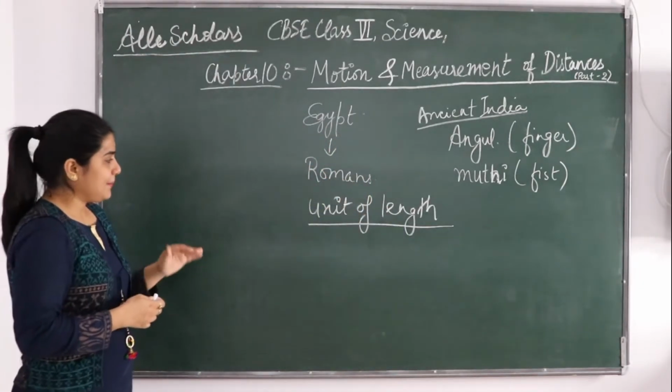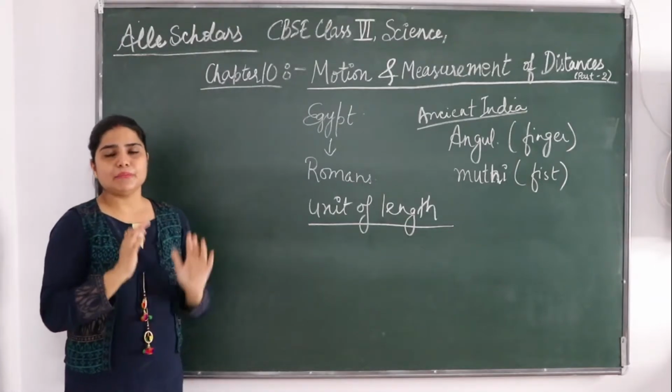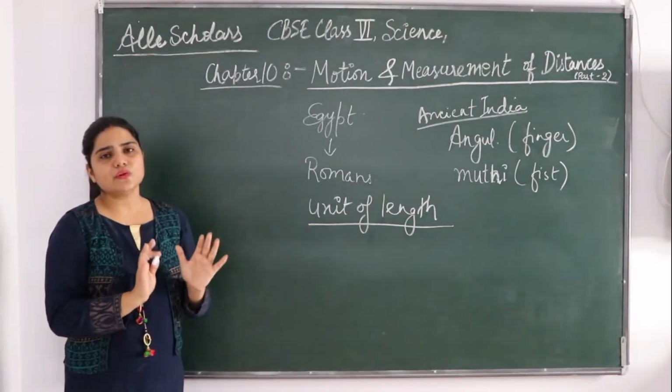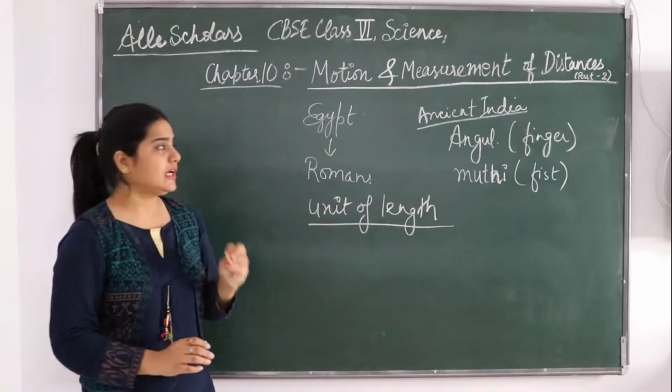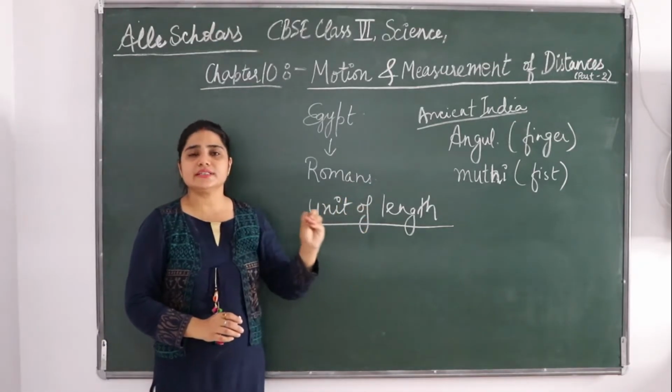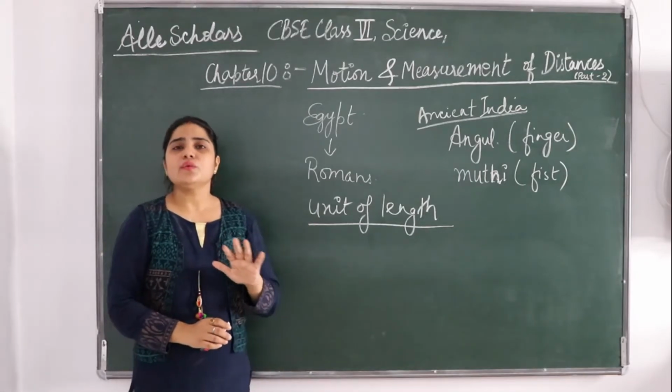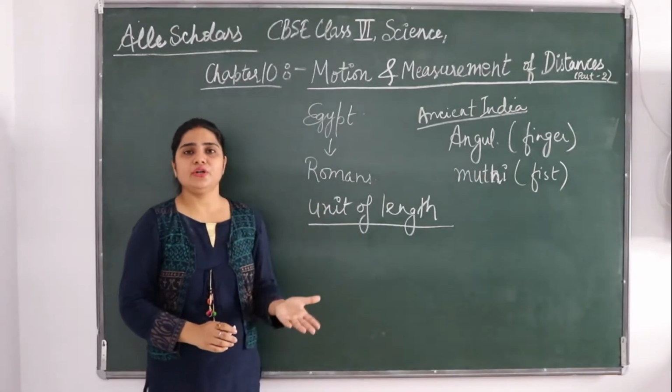Although ये measurement ठीक था, somewhat it was okay, but it did not give an accurate measurement. अगर हम आज की डेट में SI unit, standard unit को लेके चले, तो it was various kinds of measurement of length.